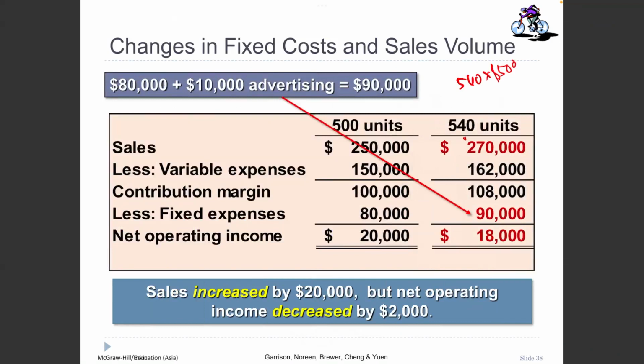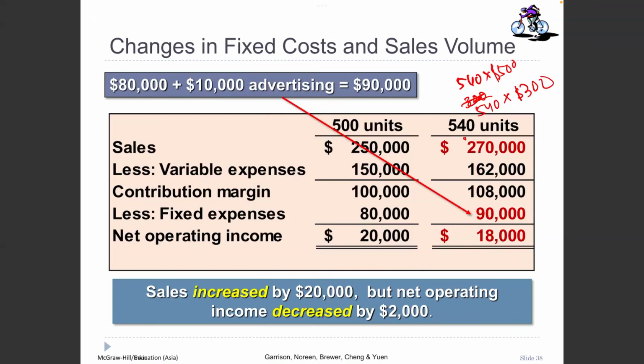The variable expense does not change, it remains at $300 per unit, so you get $162,000 for your variable expense. So your contribution margin becomes $108,000, but your fixed expense has now increased due to the advertising budget, therefore it is $90,000. So the net operating income is $18,000.